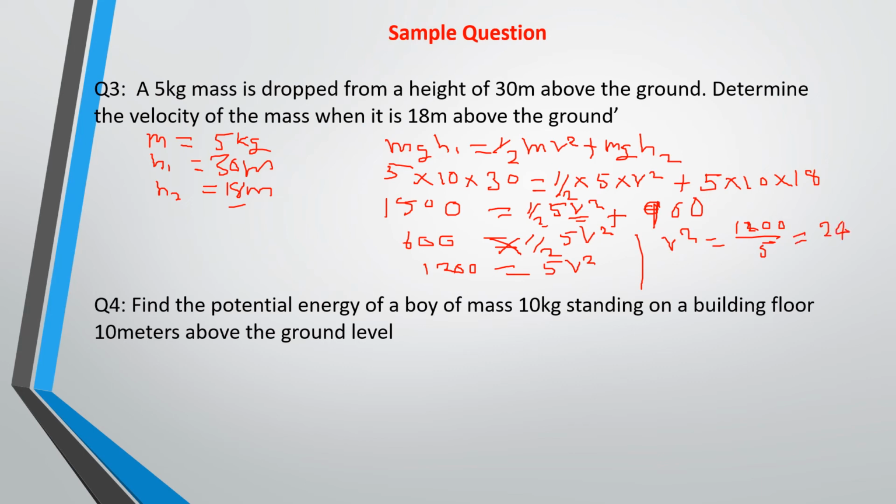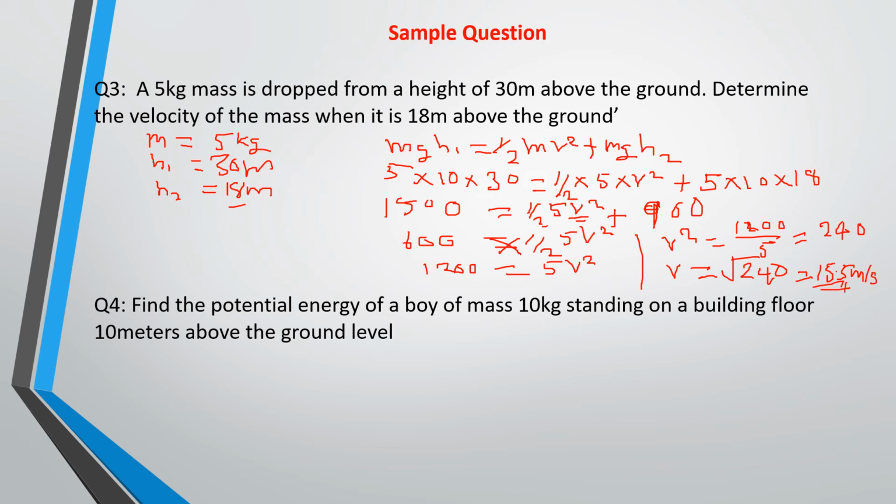Now for you to remove the square, you now find the square root of both sides, so that gives v is equals to square root 240, and the velocity, if you find out, you are going to have 15.5 meters per second, I mean.